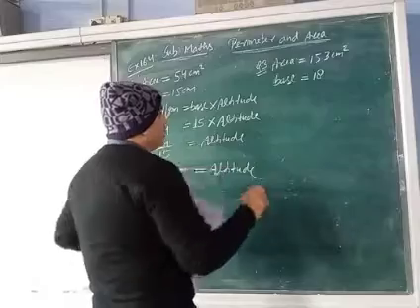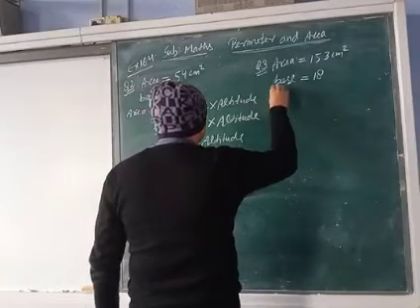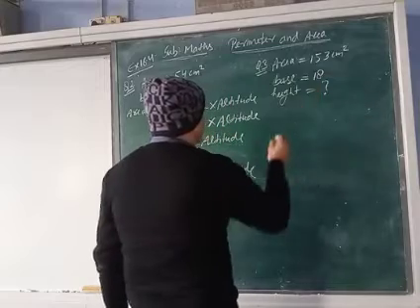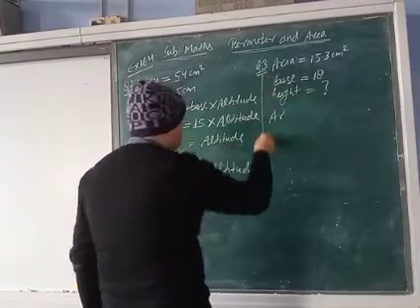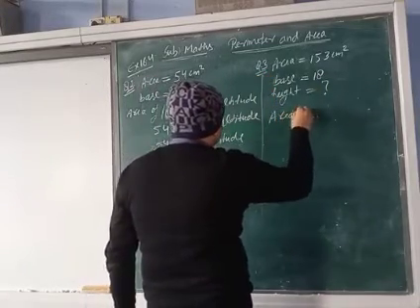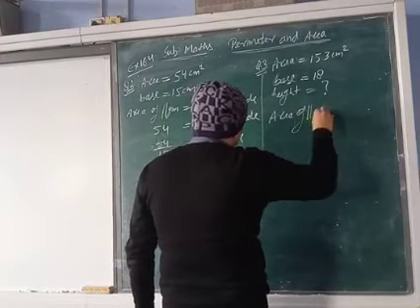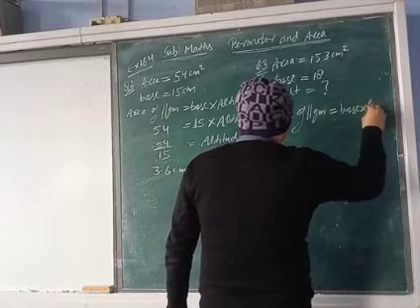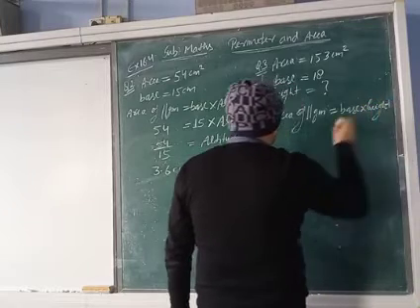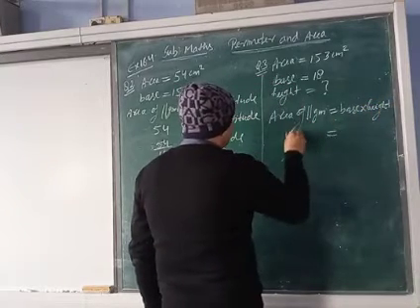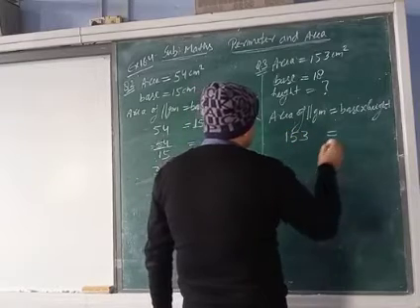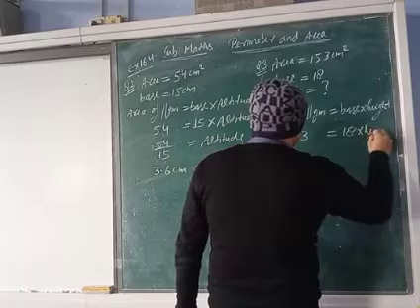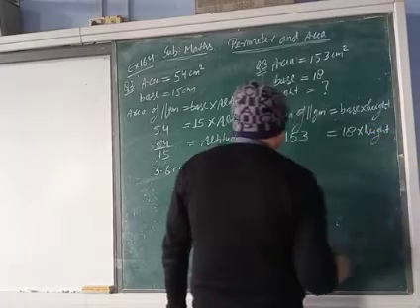What is the distance? It means we have to find out the altitude or height. You know area of a parallelogram is base into height. Area of parallelogram means 153. What is the base? 18 multiplied by height.